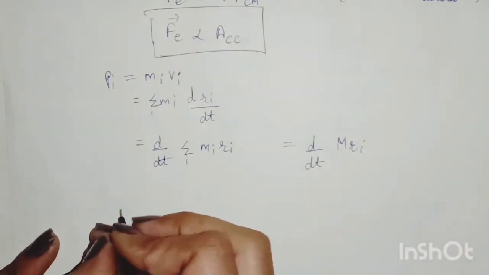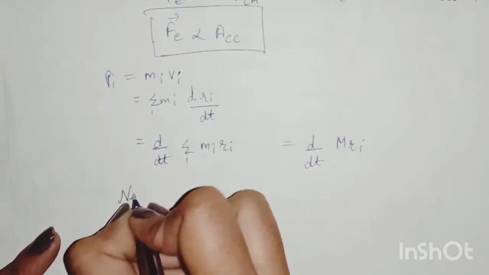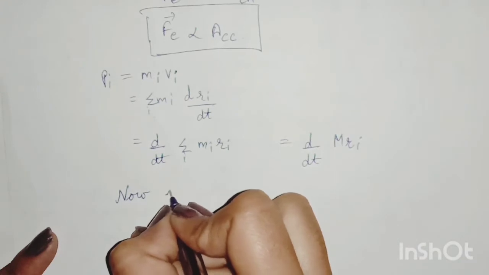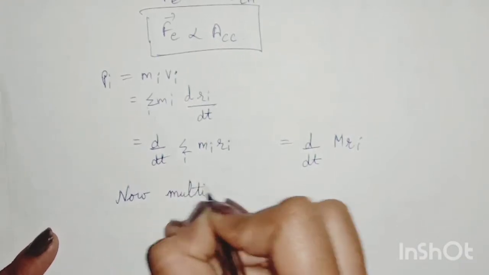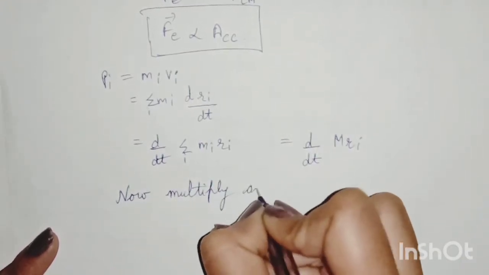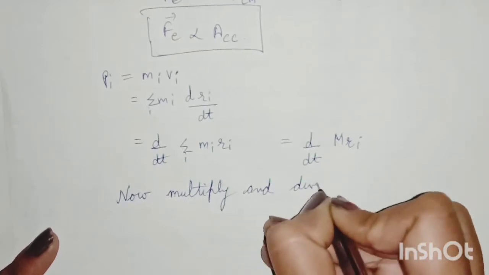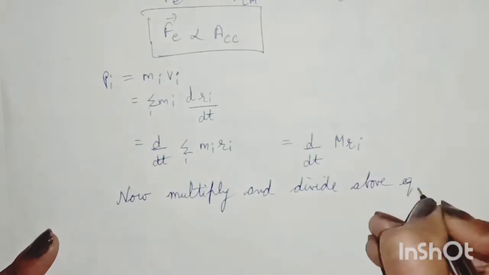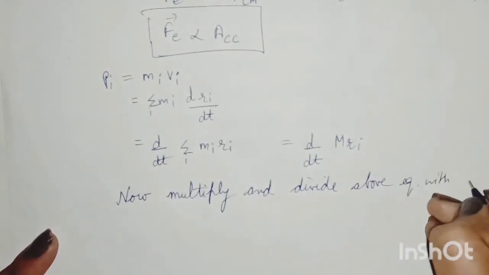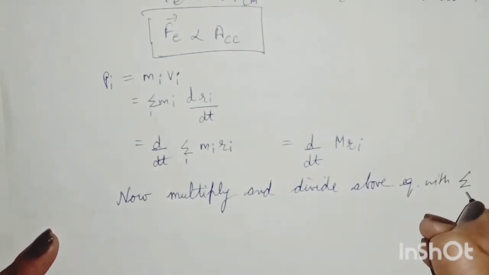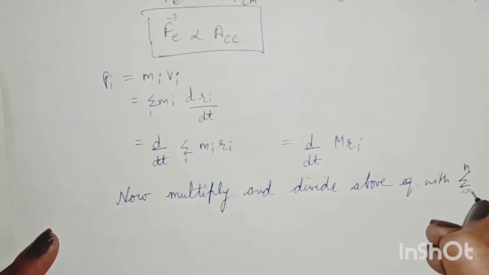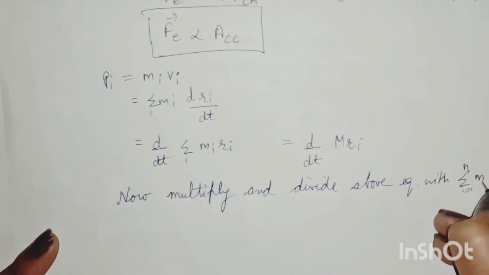Now multiply and divide the above equation with summation i equals 1 to n of mi.